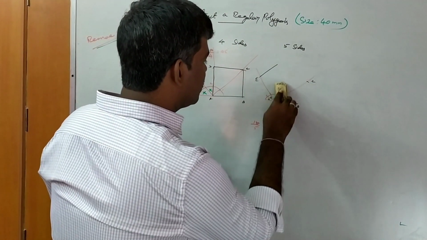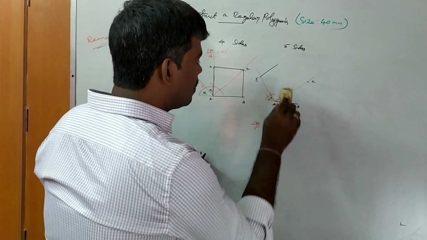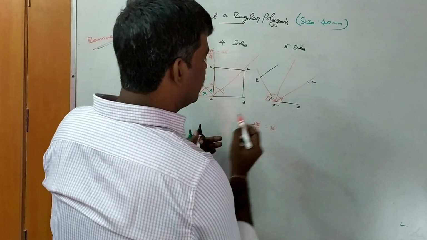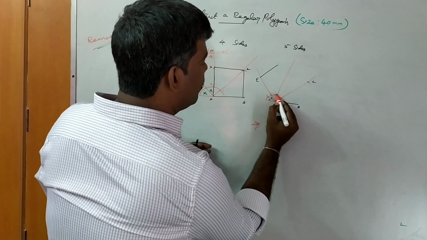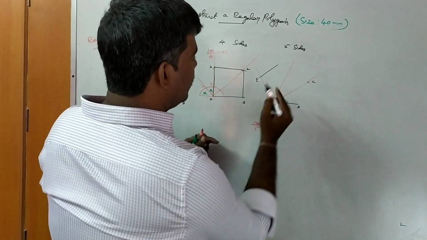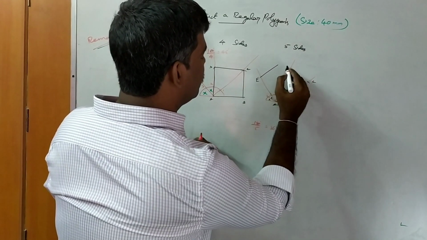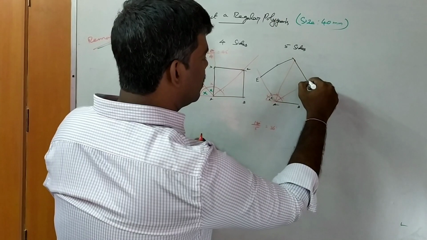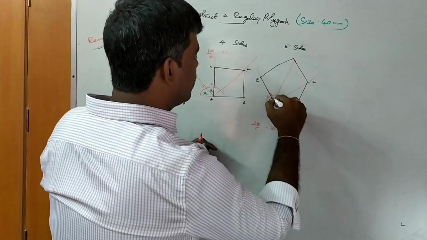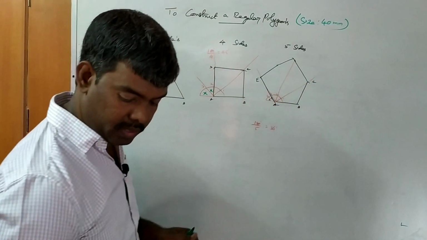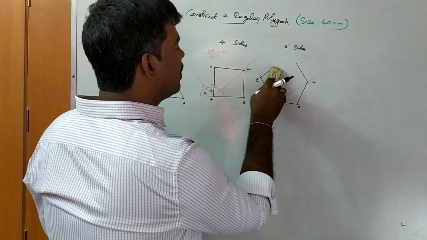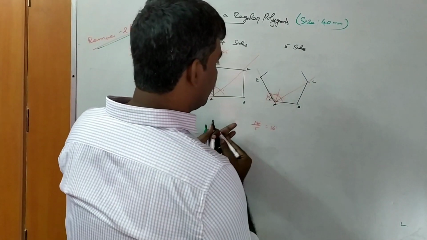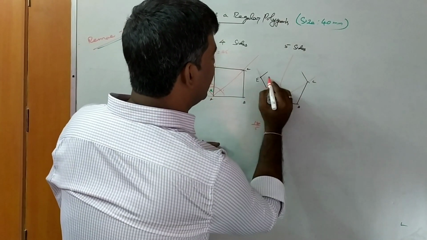So actually it comes as an inclined line like this. Clear? So part 1, part 2, part 3, part 4, intersect here also. Clear? Like this. So this one is for the pentagon. So you follow the procedure, you get the perfect answer.